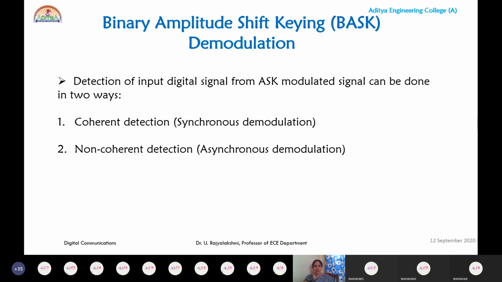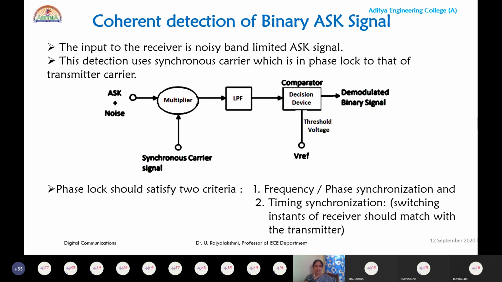Now let us go through the coherent detection. This is the coherent detection of the binary ASK signal. This is generally used at the receiver section. What is the input to the receiver section? The modulated signal, a noisy modulated signal.